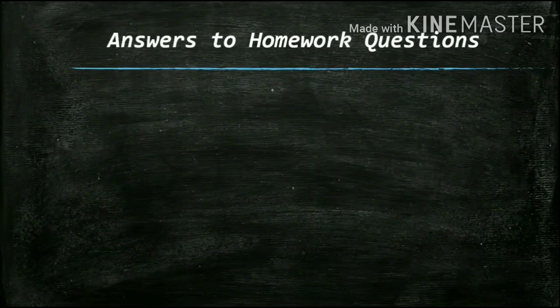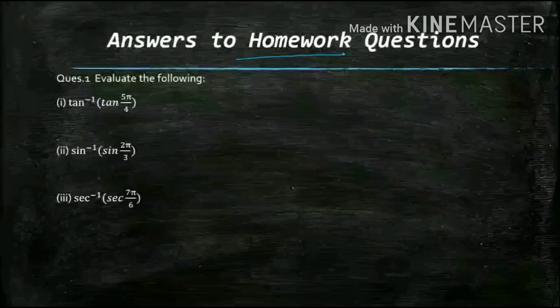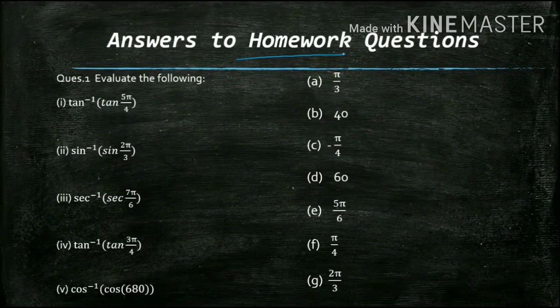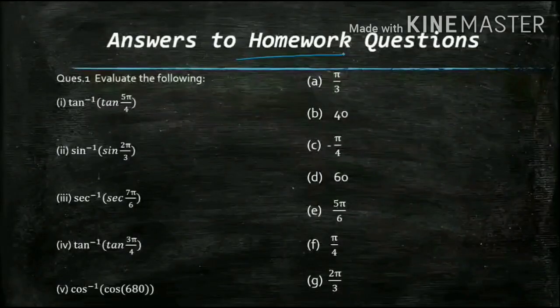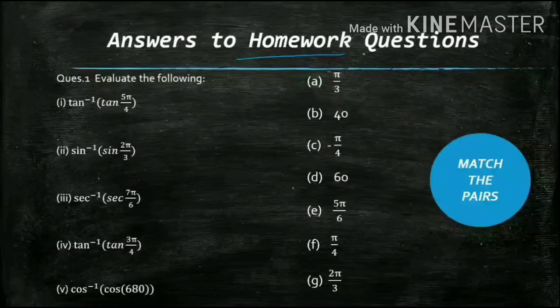Firstly, let me give you the answers to the previous homework questions. You need to evaluate these following 5 parts, and you are given these 7 options. Please check your answers. You need to match up these pairs.